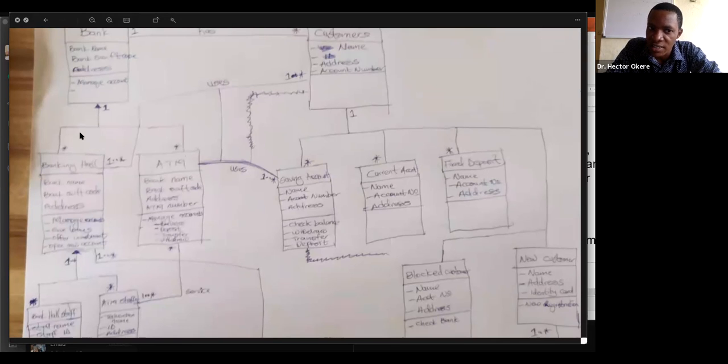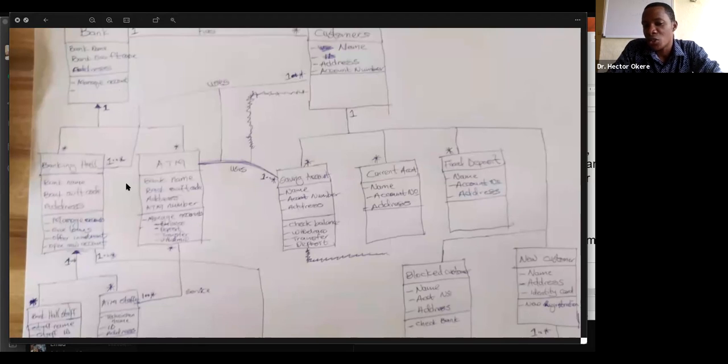Banking hall shares the same name, SWIFT code, and address with ATM, but ATM has a new attribute, which is ATM number. Both of them can also do the same thing, manage customer account.